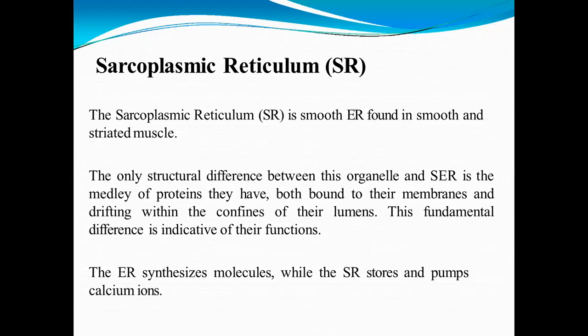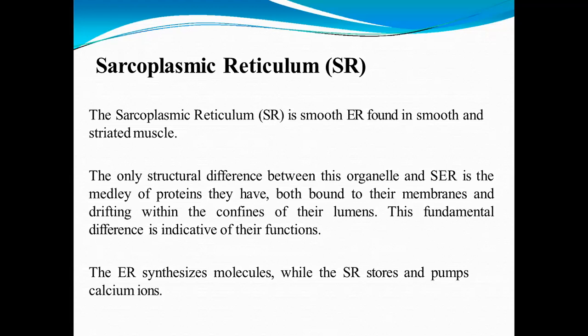The only structural difference between this organelle and smooth endoplasmic reticulum is the medley of proteins. Medley means different types of proteins. Smooth endoplasmic reticulum has different functional proteins. However, sarcoplasmic reticulum has another class of proteins, both bound to their membranes and drifting within the confines of their lumens.